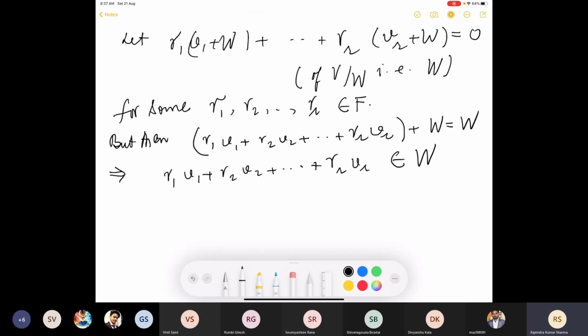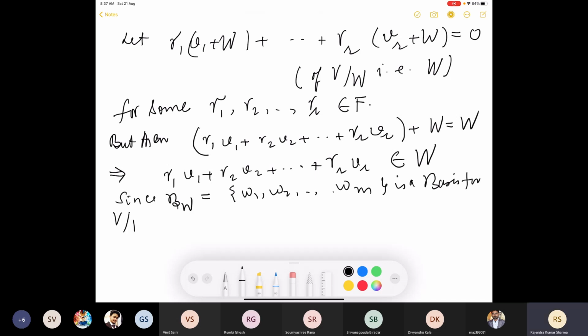Now, if that is the case, since BW, which is W1, W2, Wm, is a basis for V over W over F, what do we get? That this element here, gamma 1 V1 plus gamma 2 V2 plus gamma R VR, is in the span of BW.